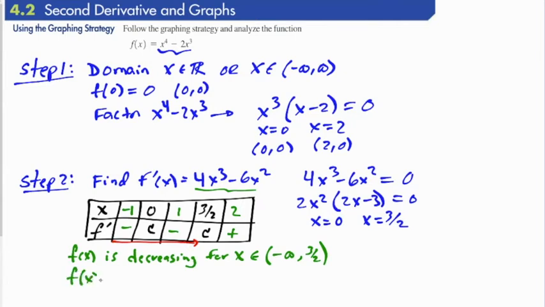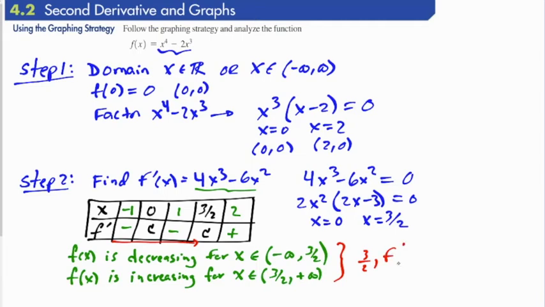And then we can say f of x is increasing for x in the interval from 3/2 to +infinity. And because we see it goes from decreasing to increasing at 3/2, this means that (3/2, f of 3/2) locates a minimum, a local min.